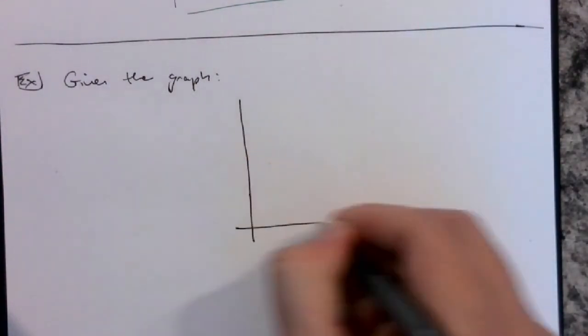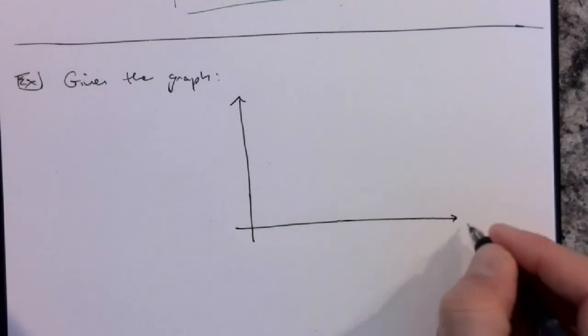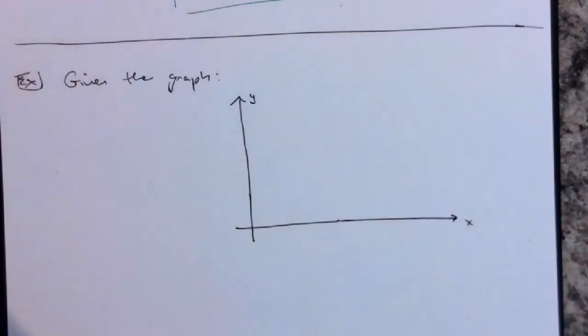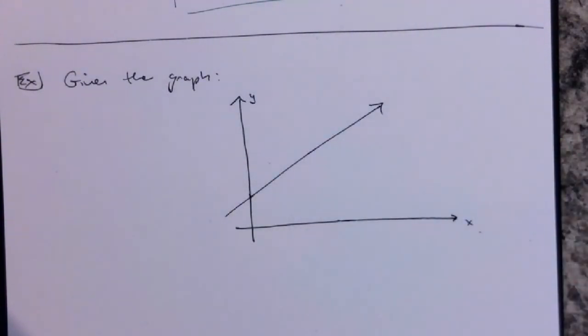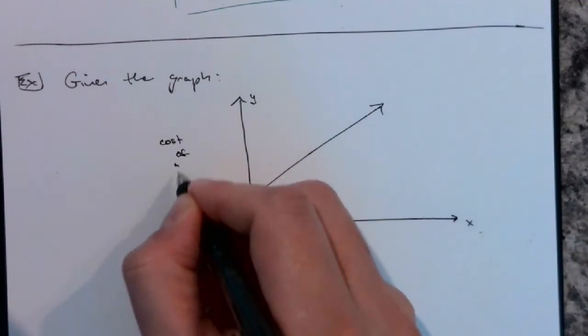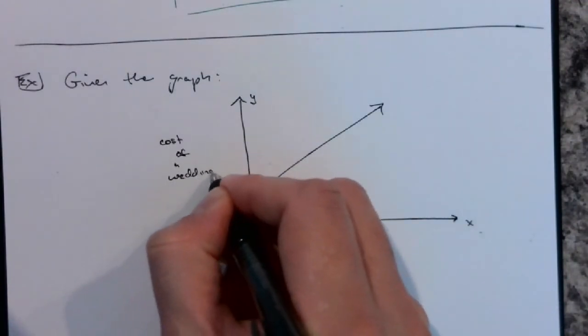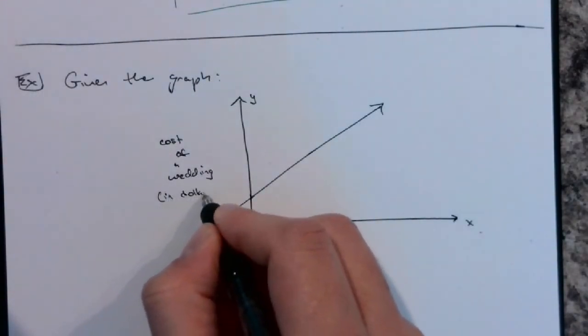So if I draw this graph here, it's going to have an x-axis and a y-axis, and I'm going to have some line going through it, and the y-axis is going to represent cost of a wedding, right? And I'll say in dollars.